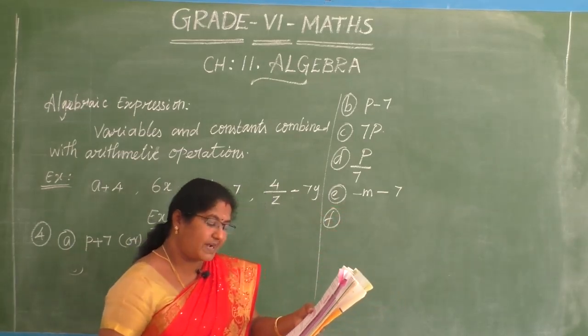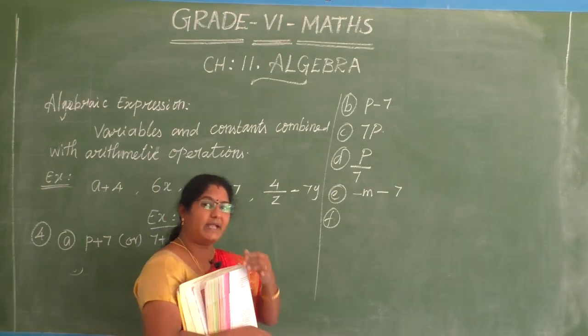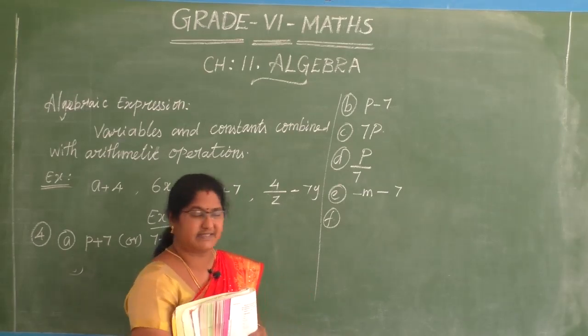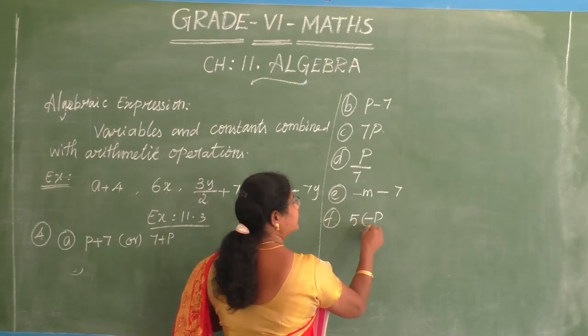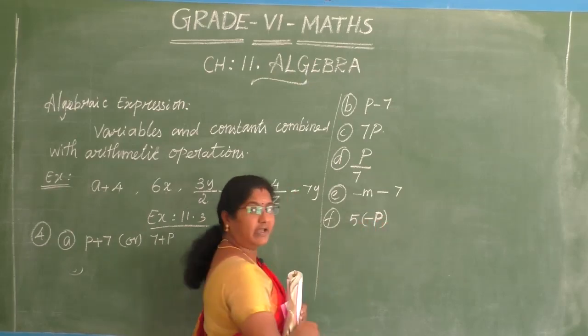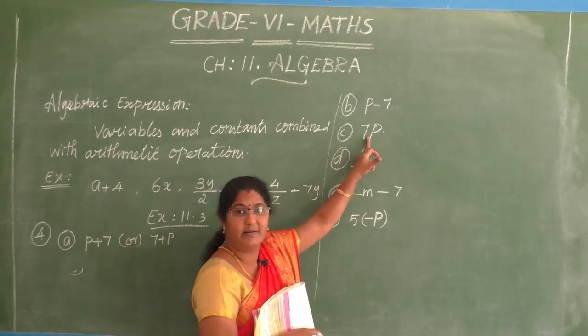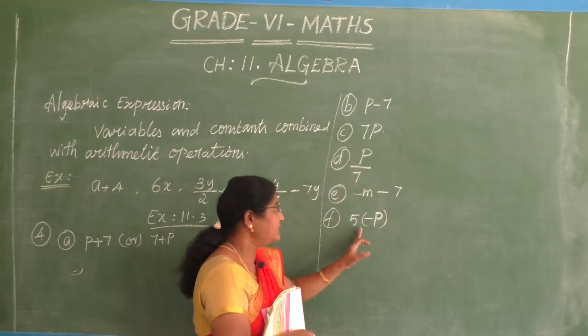F. Minus p multiplied by 5. Minus p multiplied by 5. In multiplication the number should be written first. So 5 into minus p. You should not write it like this.